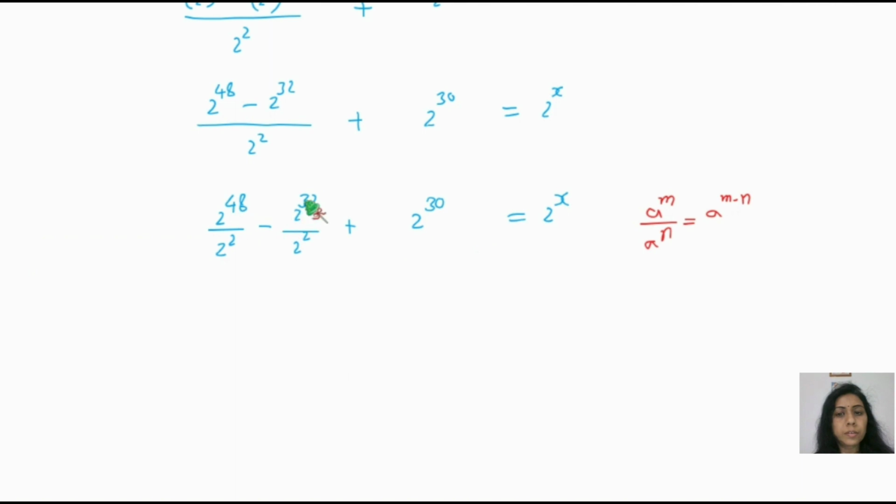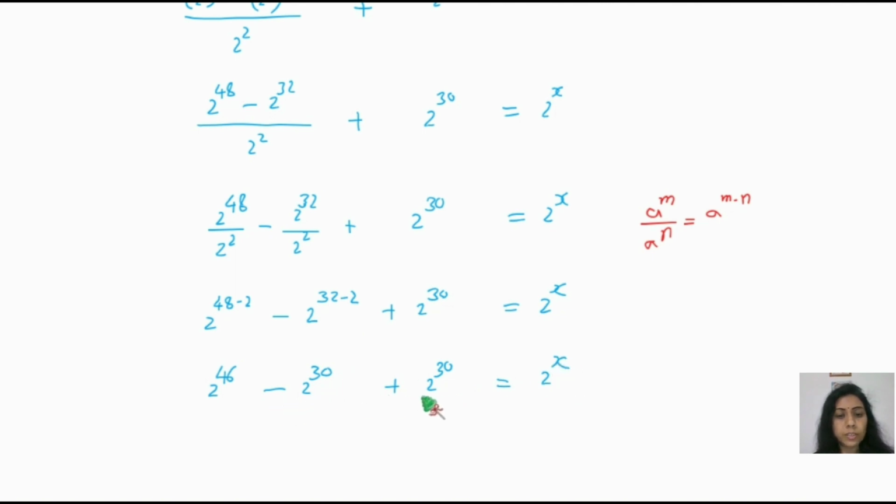We can apply this rule, the quotient rule. So 2 to the power 48 minus 2, minus 2 to the power 32 minus 2. Okay, 2 to the power 48 minus 2 is 46, 32 minus 2 is 30, plus 2 to the power 30 equal 2 to the power x.